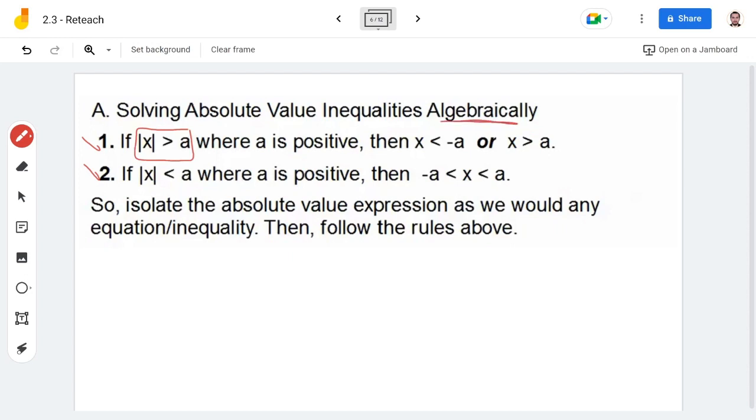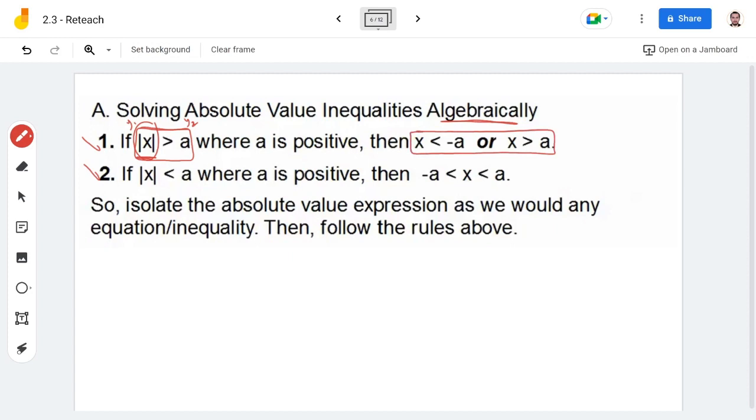Here, we are going to do them algebraically. So how can we do them algebraically? First of all, absolute value of x. When your function, let's say this is y1, this is y2, and you have y1 greater than y2, then your inequality will look like this.